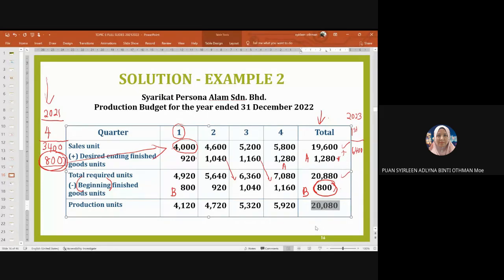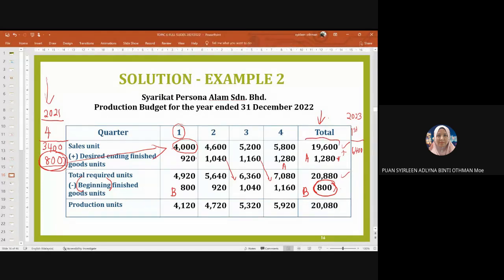So that I will be able to sell 19,600 units of product and saya boleh tinggalkan polisi dia 20% kan. So inilah polisi dia. Ending inventory tu ialah 20% from next sales volume.